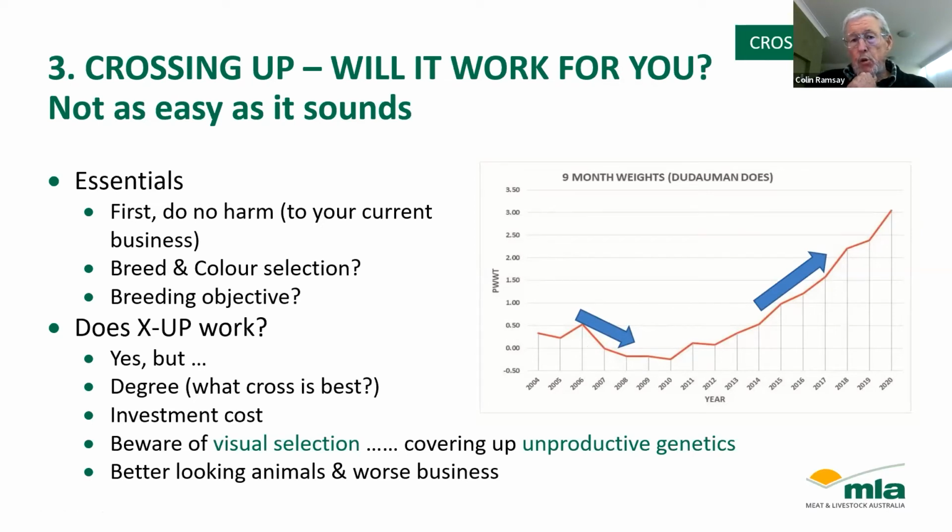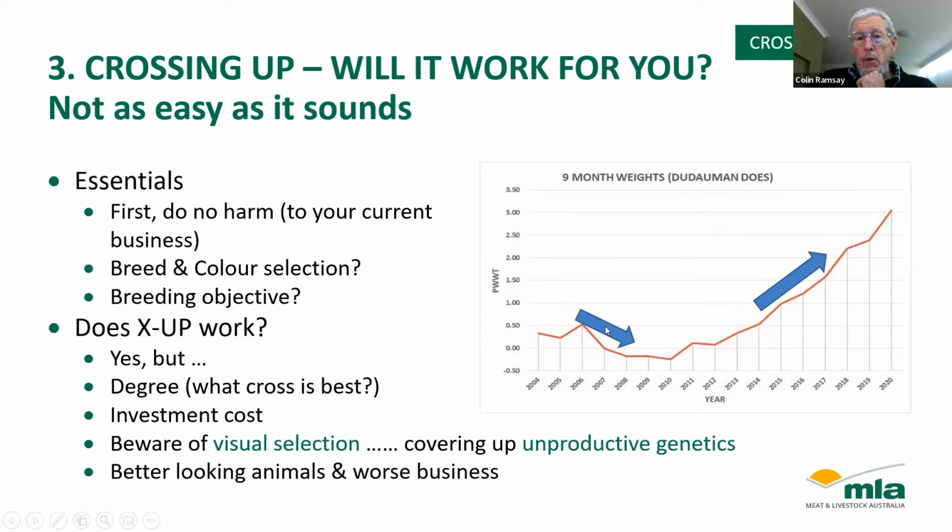So as the visuals were improving and we were proudly turning off these better looking kids, we thought their production, their growth rate was actually falling. And we didn't know that. We should have, but we were too stupid and we didn't focus on it. Once we started turning it round, it turned very quickly.